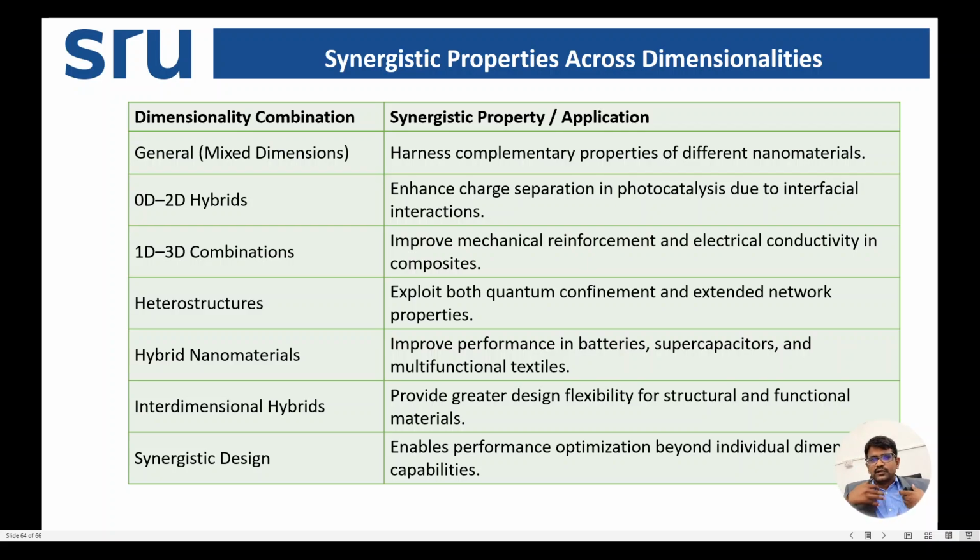For example, if you want more mechanical strength, you can integrate quantum dots or nanoparticles with 3D structures, so that the mechanical flexibility and mechanical strength will increase. These are all the advantages of synergistic design.